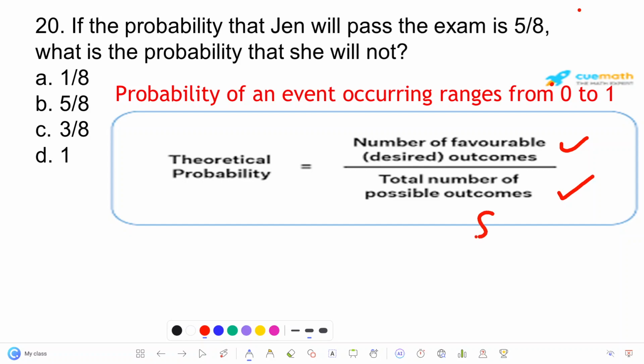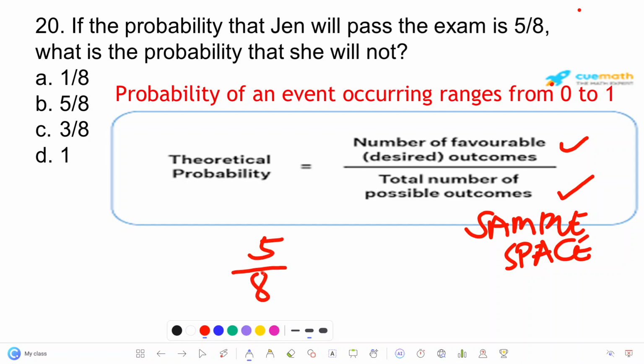Sometimes this is called the sample space. Okay? So this is called the sample space. Ngayon, ano daw ba ang theoretical probability? The theoretical probability of Jen passing is 5 over 8. Okay. Ano daw ang probability that she will not?